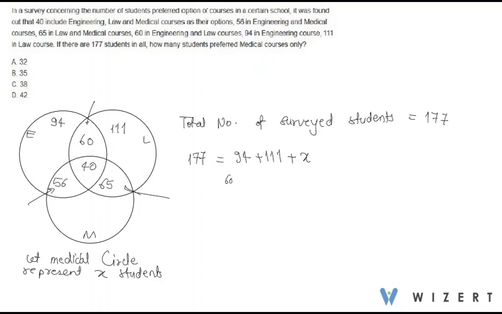We have 60 plus 56 here, 60 plus 65 here, and 56 plus 65 in X. So these numbers are added 2 times in all of these numbers, 94, 111 and X. So in order to balance this out, we'll have to subtract 60, minus 56, minus 65 once from all these numbers.